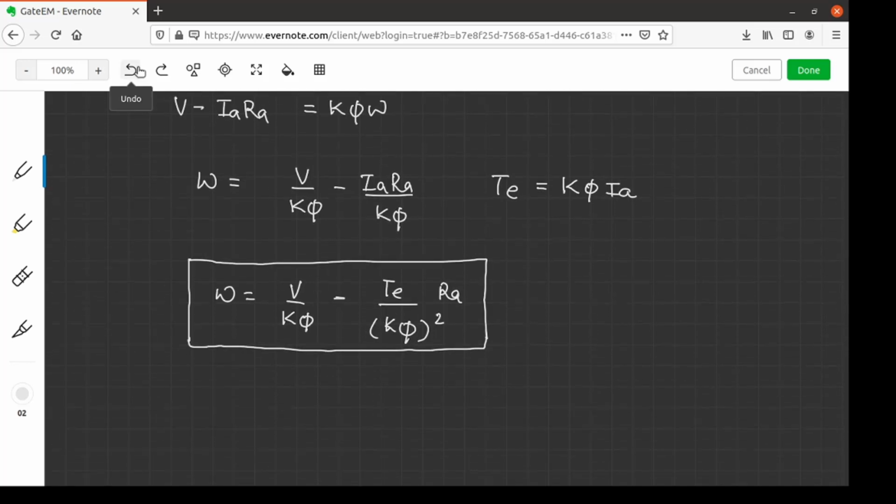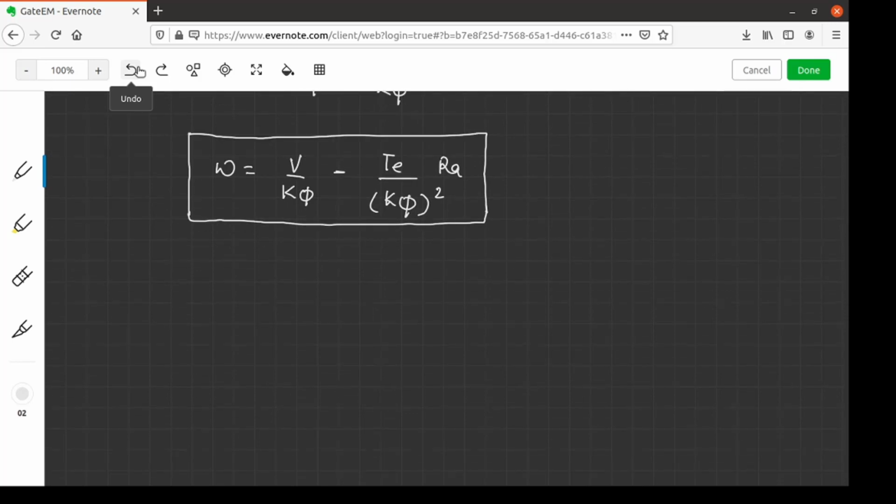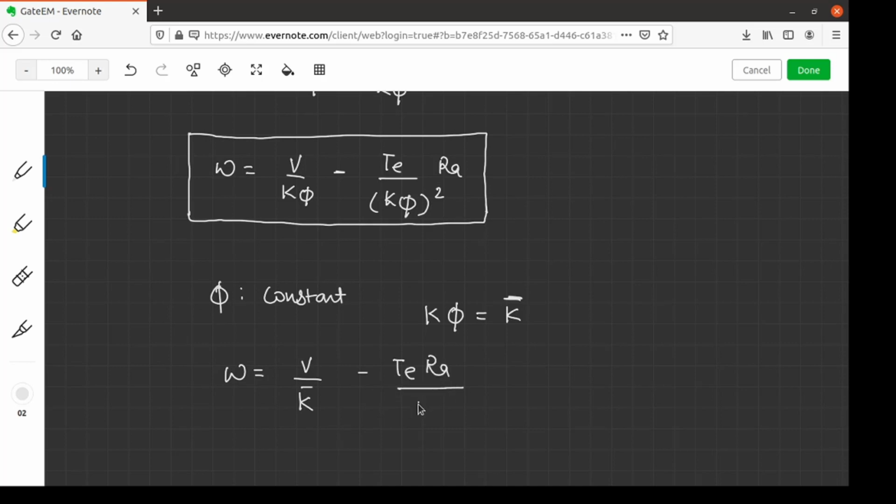So now let us consider both the cases given. The first thing to note here is that the flux is kept constant. So we can write K phi equals some K bar, since both these quantities are constant. So omega equals V by K bar minus TE RA by K bar square.